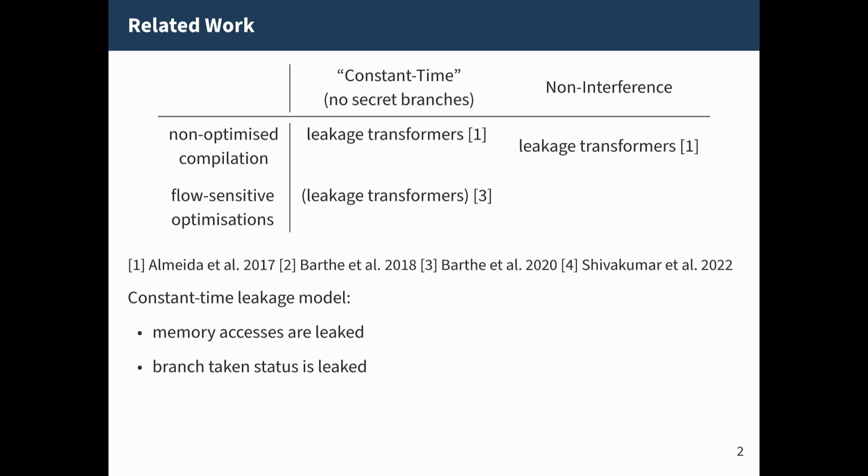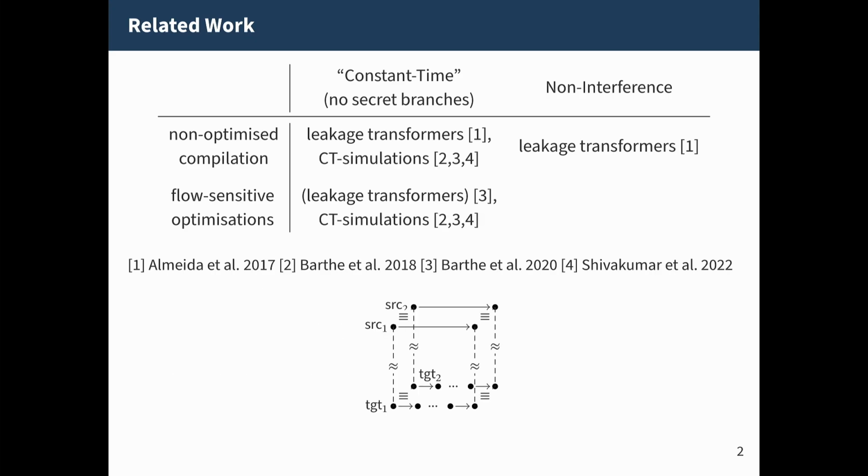There has also been the concept of CT simulations proposed, which argue that if we have a source property, the CT property, and want to translate it to the target, we have to do this 2x2 simulation diagram, which we will see later as well.